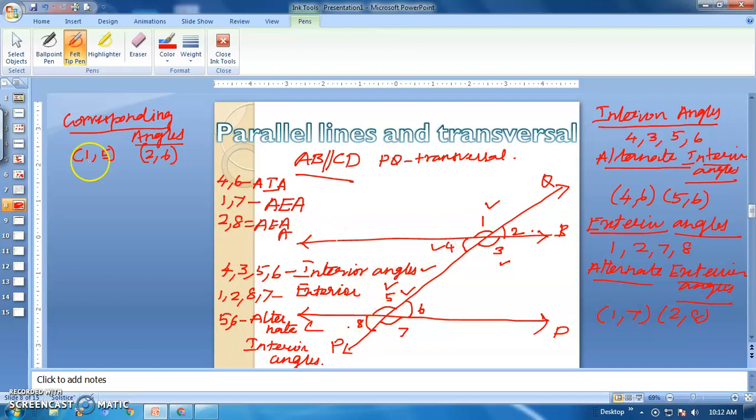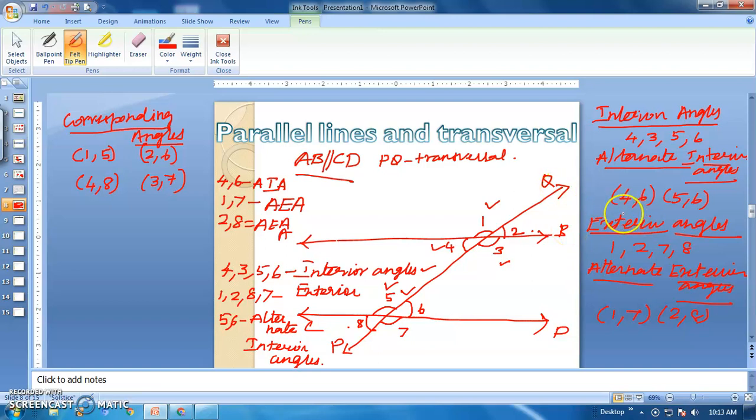These lie below the parallel lines and on the same side of the transversal, that is the left side. And one more pair, 3, 7. This 3, 7 also lies below the parallel lines and on the same side of the transversal. So this kind of pair is called corresponding angles.